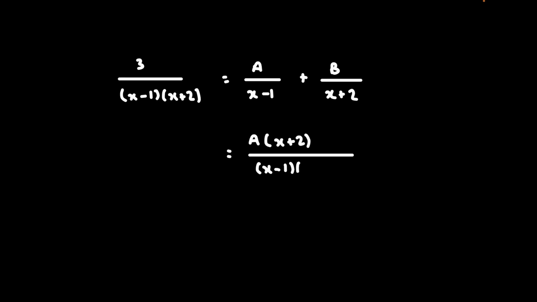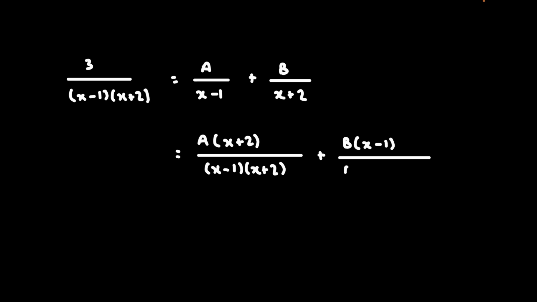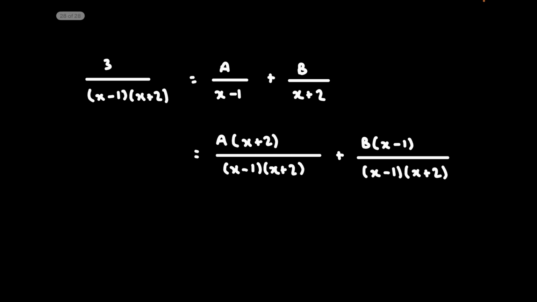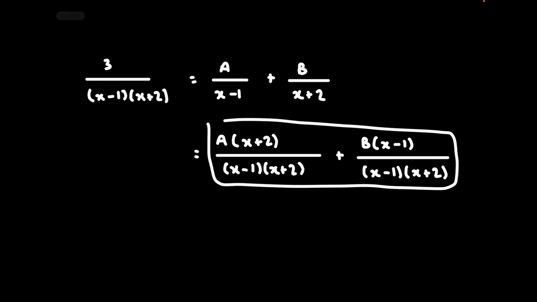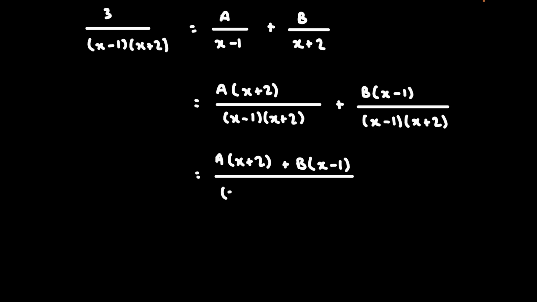And for the other fraction, I'm simply just going to times the numerator and the denominator by x take 1. So here we have it. We have two fractions with the same denominator, and so we can then combine them to get a times x plus 2 plus b times x take 1 divided by x take 1 x plus 2.